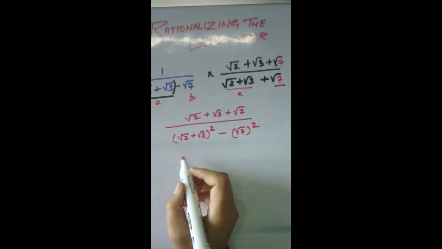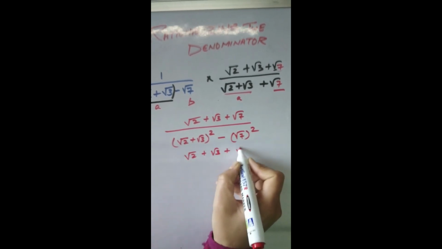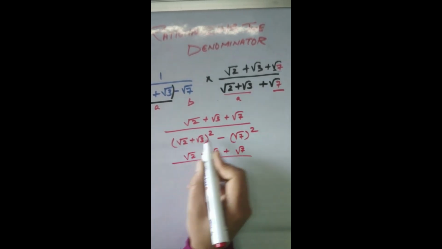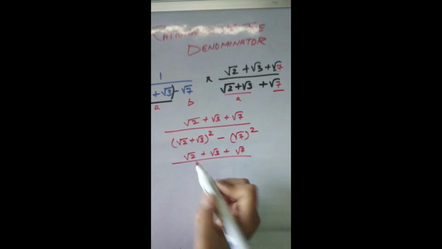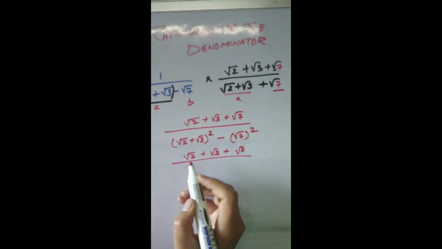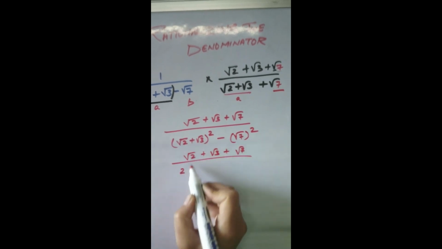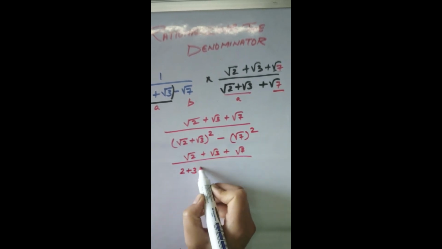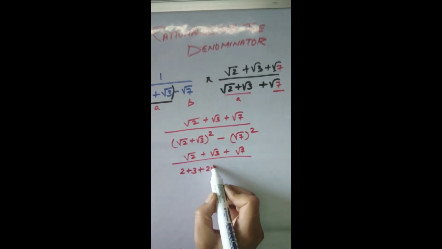Okay. So this is gonna be A plus B whole square, use the formula, or you may go through the long multiplication but use the formula. So A square plus B square plus 2AB. So A square, root 2 square is 2, plus B square which is 3, plus 2AB, 2 into root 3 is gonna be 2 root 6.